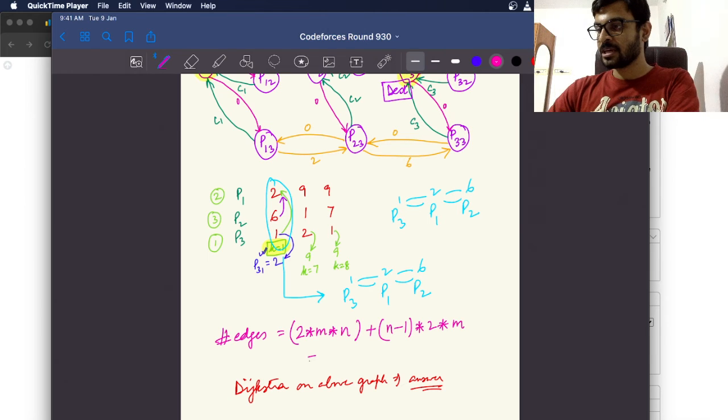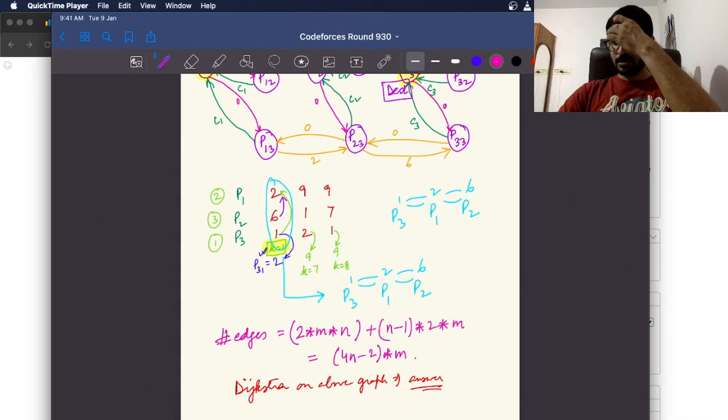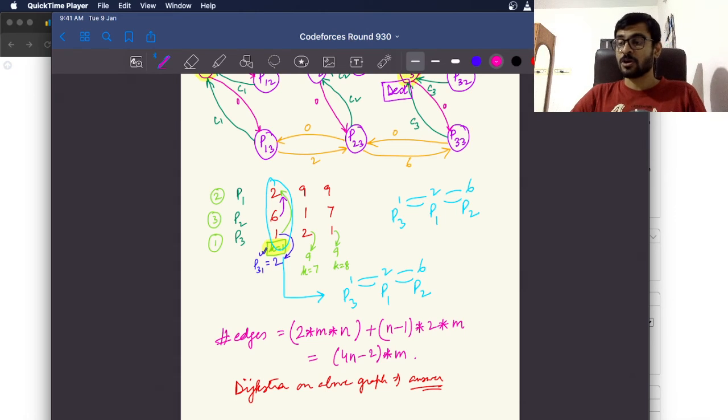So the overall thing comes to 4n minus 2, into m. N into m is given, that will not be above something into 10 to the power 5. So the overall thing stays within 10 to the power 6, or maybe 2 into 10 to the power 6, something like that. That is the number of edges.